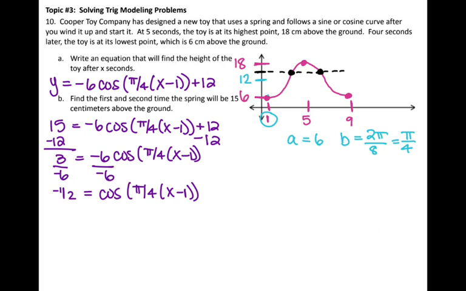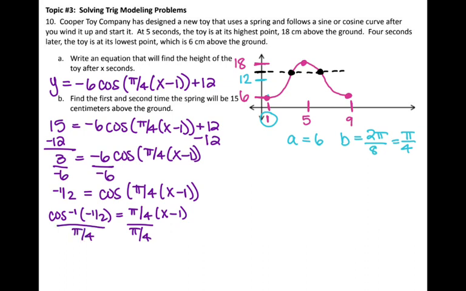There's nothing else that you can really do until you take the inverse of your trig function. So I'm going to go ahead and do an inverse cosine. And what this does is it releases everything that's inside your cosine to be able to solve further. So then I have my pi over 4 times x minus 1 outside of my trig function. I can divide both sides by pi over 4.